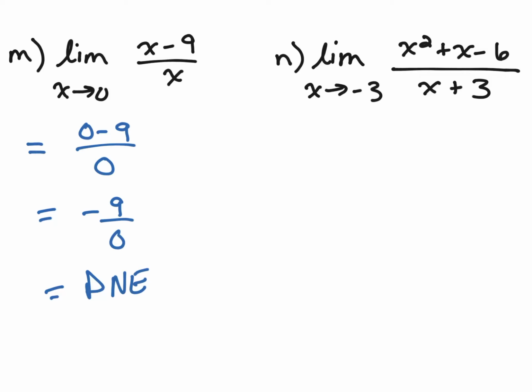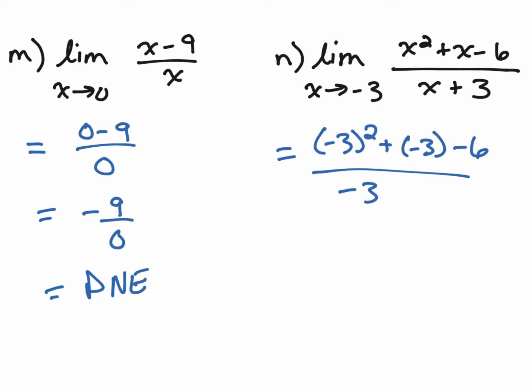Okay, this next one, a little more complicated. Limit as x approaches -3 of x squared plus x minus 6 over x plus 3. We'll do a direct substitution. Get -3 squared plus -3 minus 6 over -3 plus 3.